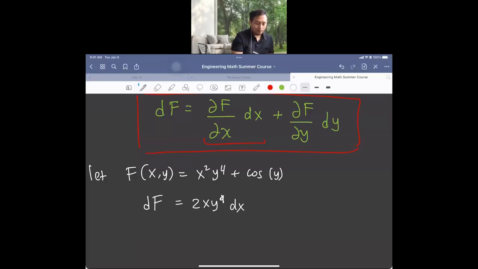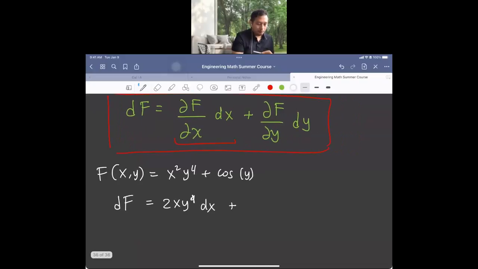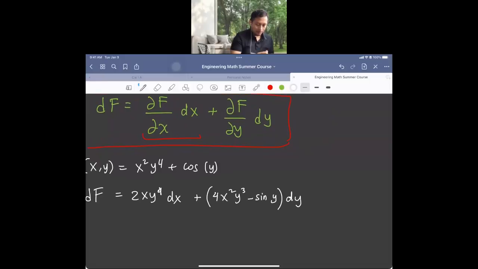So this is dx, plus we take the derivative with respect to y. So 4x squared y cubed minus sine y, and then dy. Okay, and this is equal to 0 because it's a constant, right?